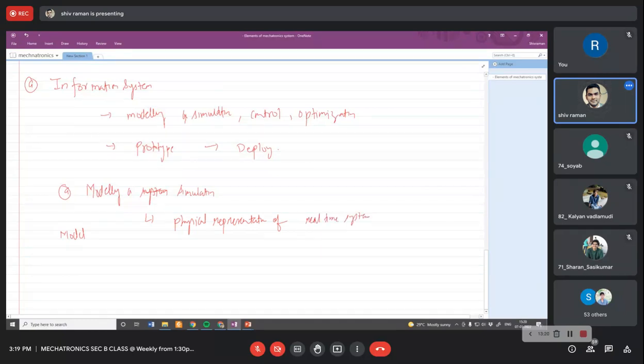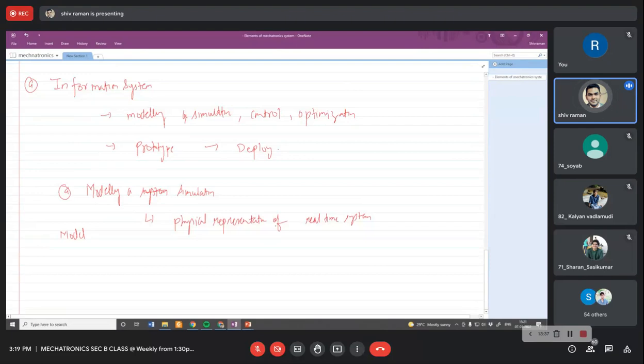In order to develop a model, you consider physics-based equations, force equations, and develop a representation of the real-time system.